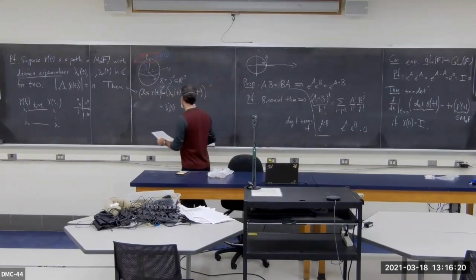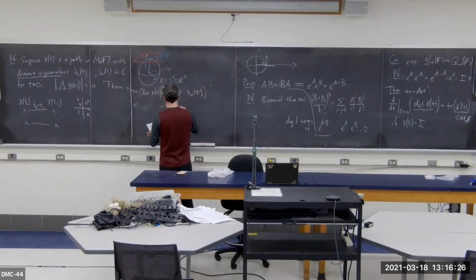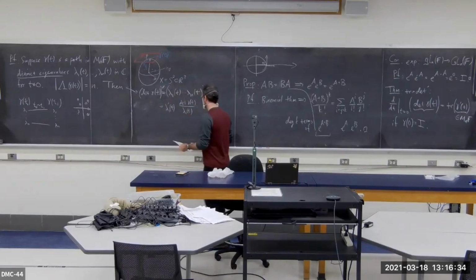Sorry, it's lambda 1 prime of t times, and I claim that it's this, the determinant of gamma of t divided by lambda 1 of t. And then plus dot, dot, dot, and now it's going to be lambda n prime of t times the determinant of gamma of t divided by lambda n of t.